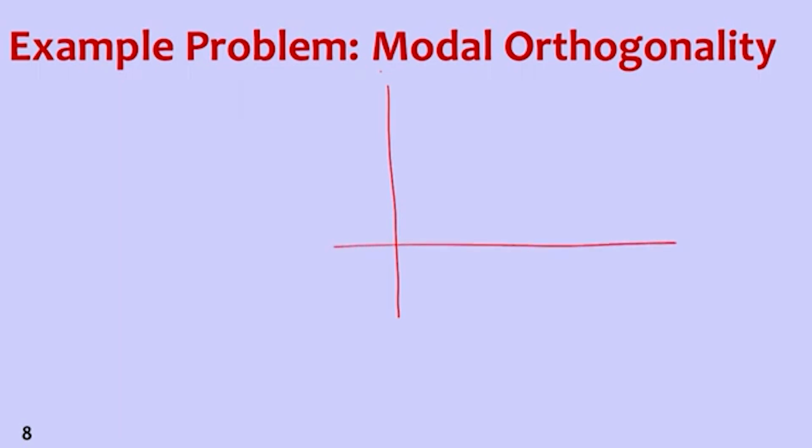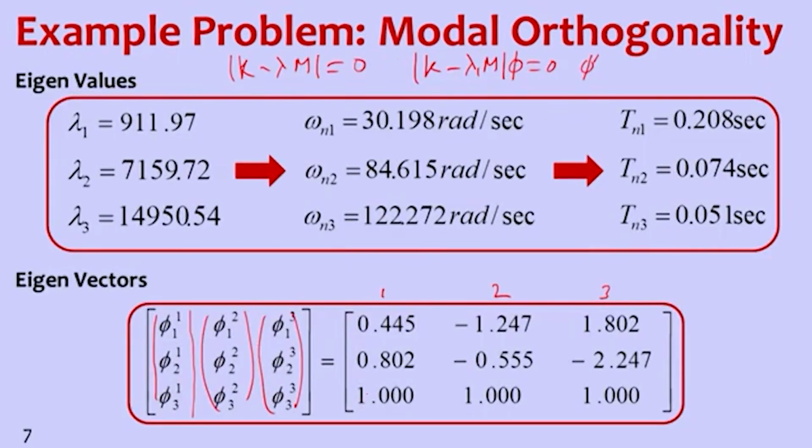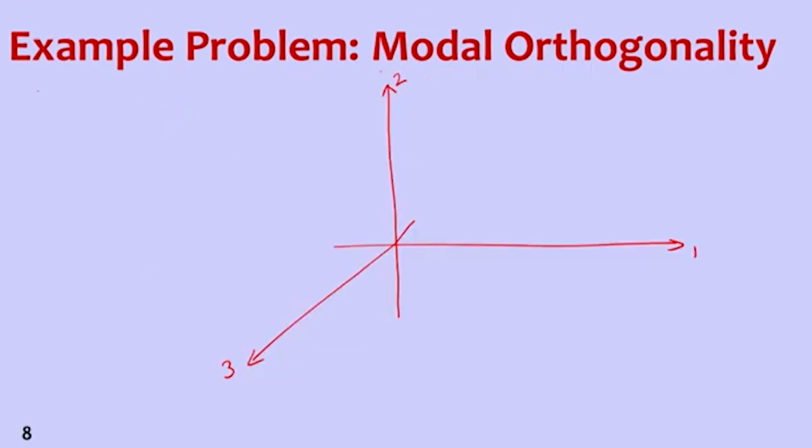Now let me take, say, a 3-axis system. This is 1, this is 2, this is 3. These are degrees of freedom. This is positive 1 axis, positive 2 axis, positive 3 axis. Now let us look at the values. Let us take the first mode: 1, 0.8, 0.445.